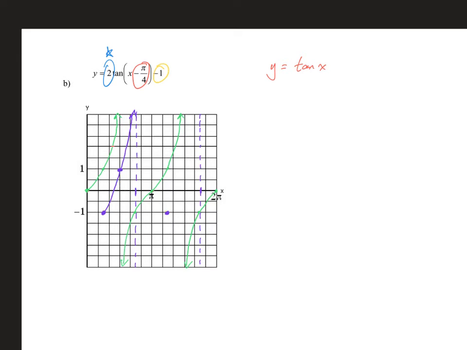Now, if I am very confident with that action, then I know that that curvature has to be repeated because of the periodic nature of your tan curve, which means I could go over to the next 0 and do the same thing. Go to the right pi by 4 and go up 2 units.